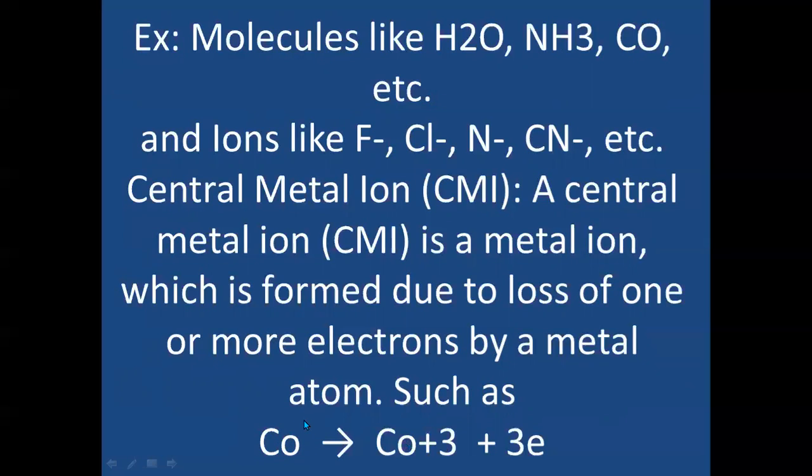Actually in atomic or elemental form, it has 27. The atom of cobalt has 27 electrons, therefore its atomic number is 27. It can lose 3 electrons in the first stage to form the cobalt 3 plus ion, or tri-positive ion. These types of ions are called central metal ions.